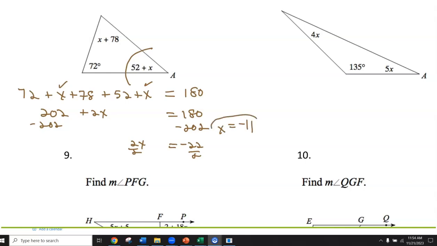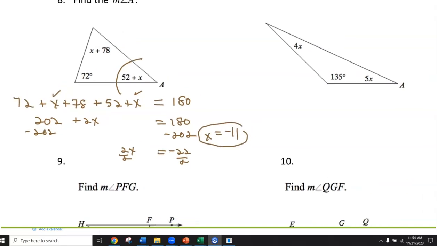Okay, that's only part of our answer because they say find the measure of angle A. So angle A is going to be 52 minus 11. So I have to add a negative 11 to it. So that's going to be what? 41 degrees.